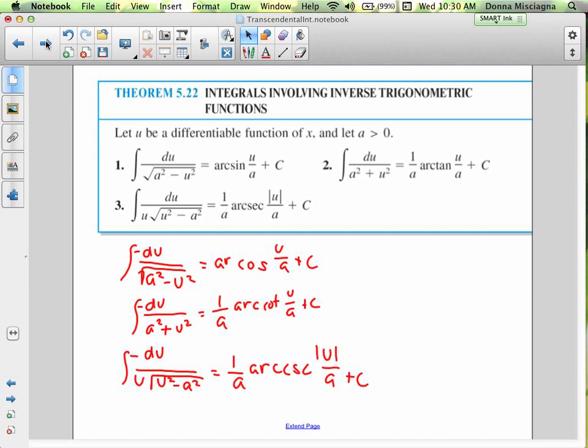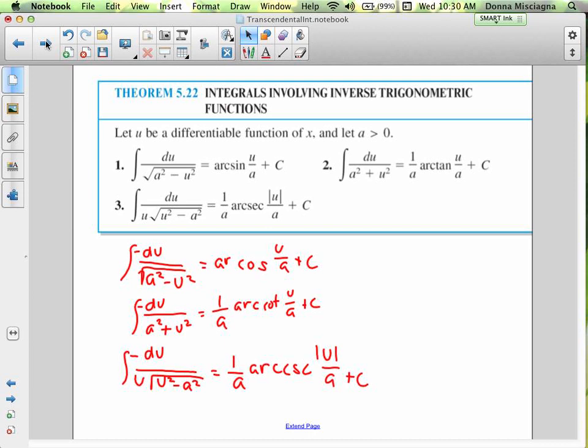If we have the integral of du over a squared plus u squared, that's going to be 1 over a arctan u over a plus c. And if you have the exact same thing but negative, it'll be 1 over a arccotangent u over a plus c. So the related ones are the same except for the sign.